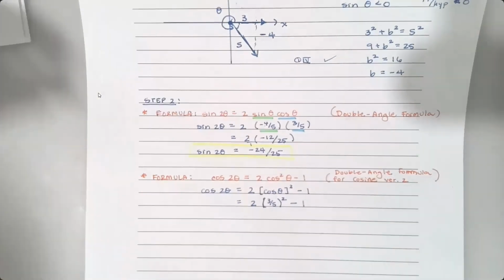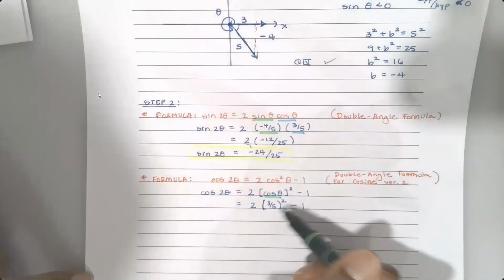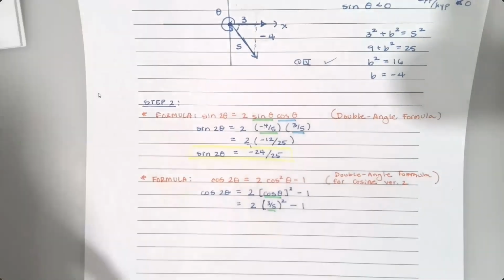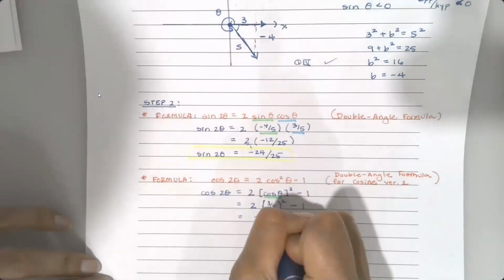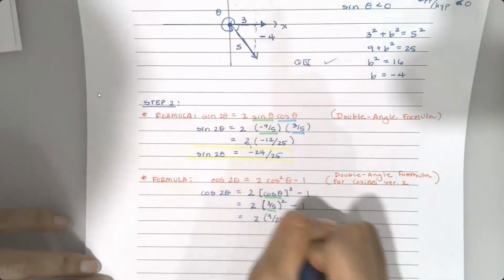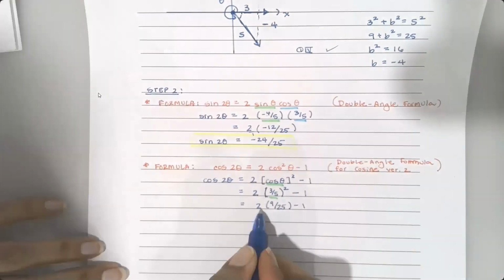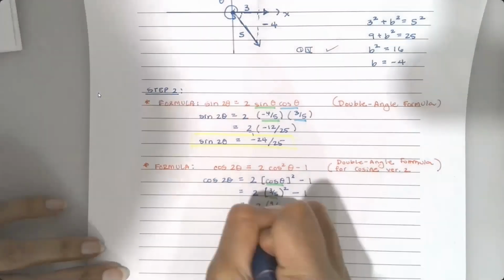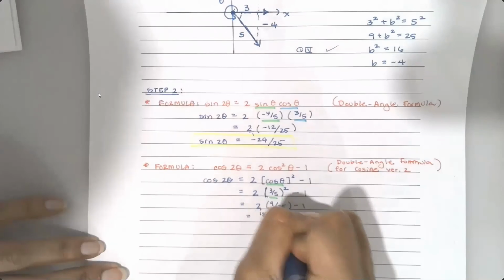Same as this part. Right, then 3 squared is 9, 5 squared is 25. And this is the same thing as 2/1. So 2 times 9 is 18, over 1 times 25, that's 25. And then we have minus 1.